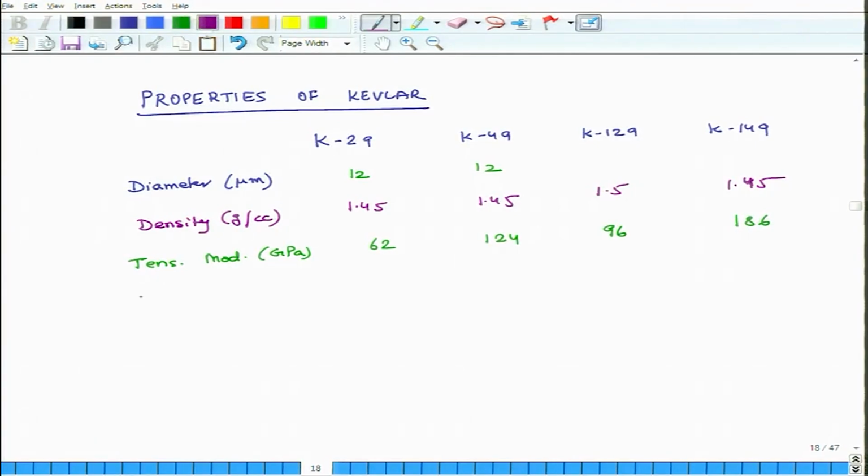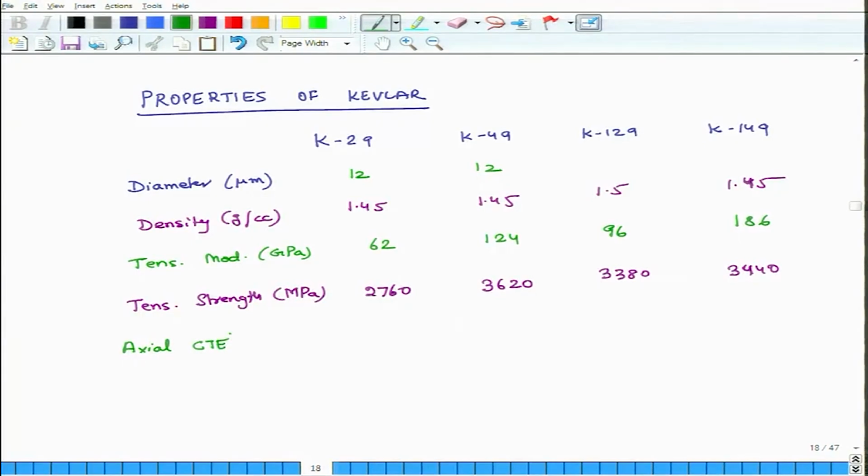That is the point. Tensile strength in MPa: 2760, 3620, 3380 and 3440.